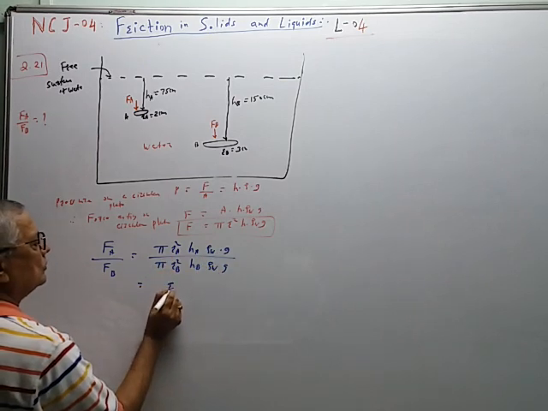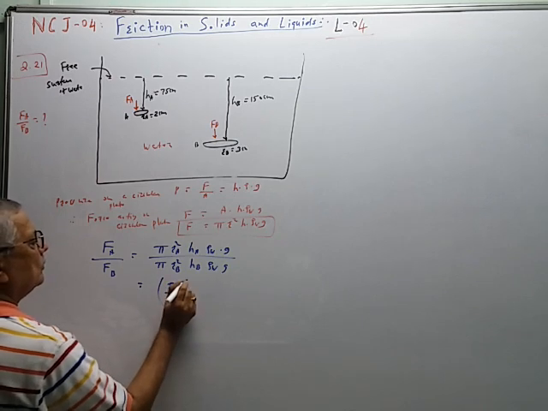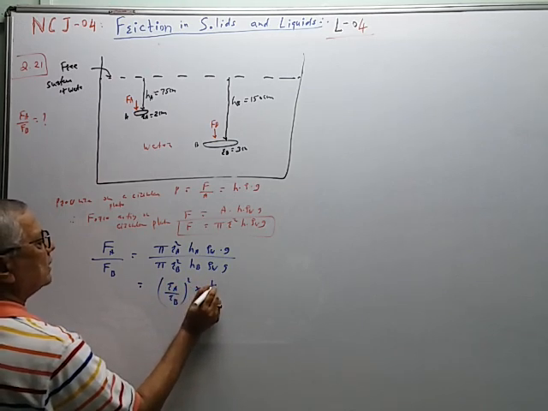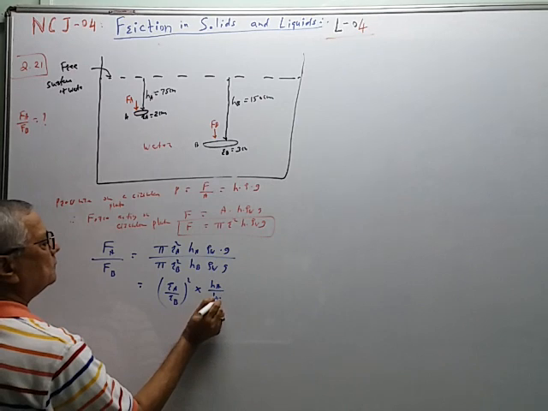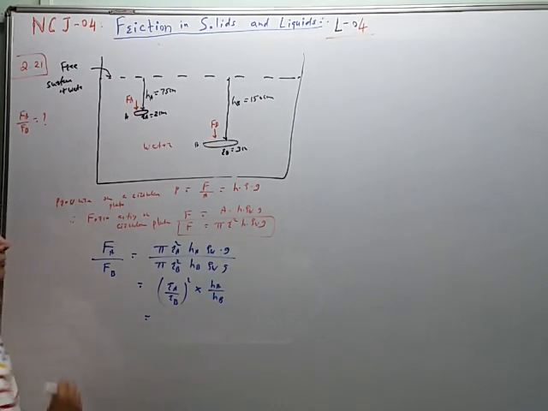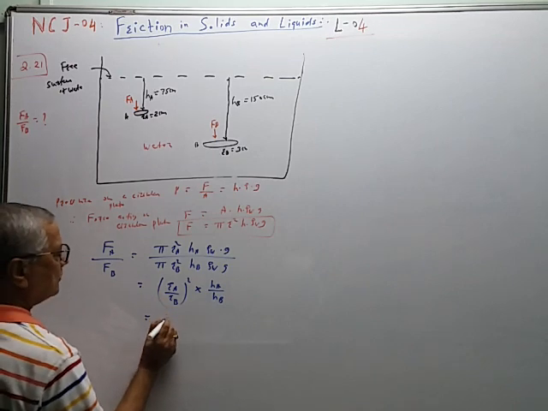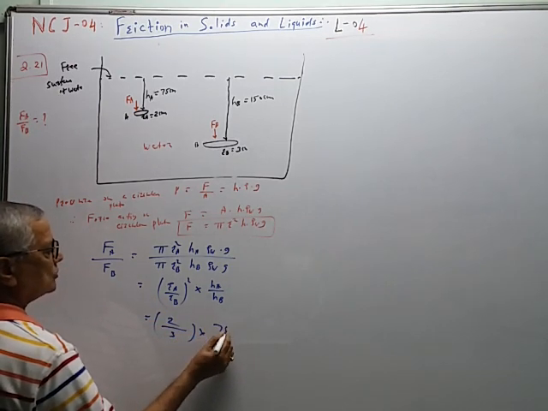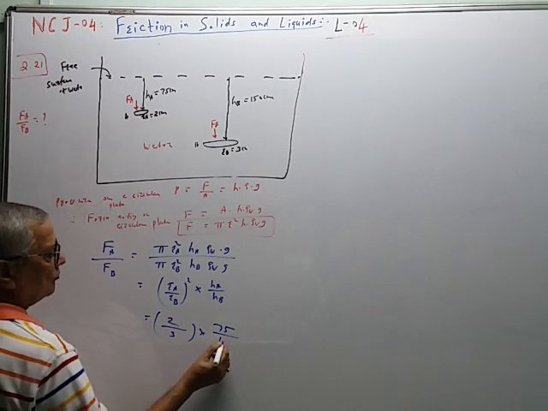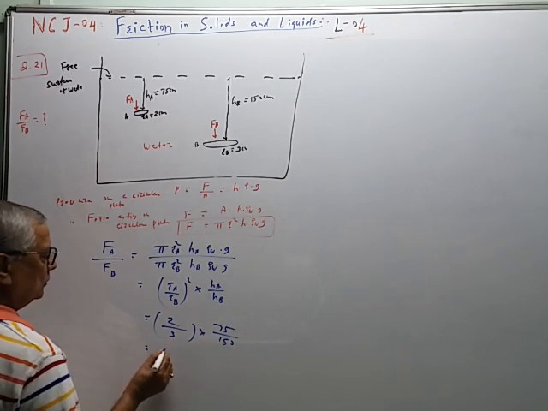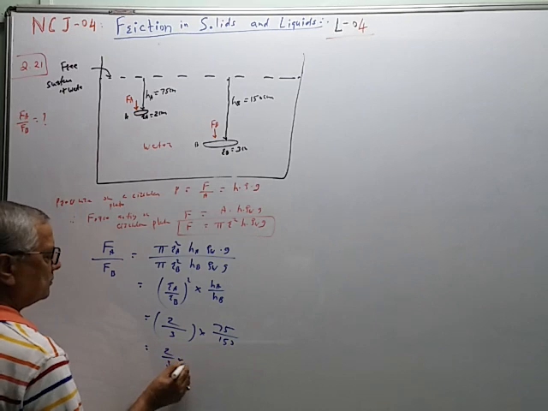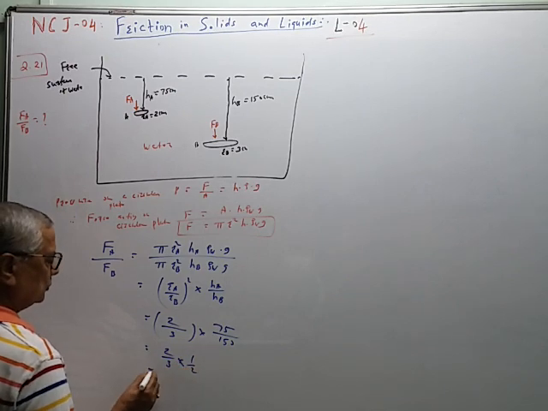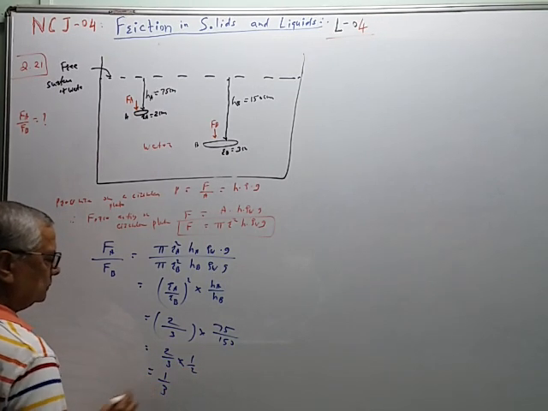So this is equal to RA upon RB whole bracket square multiplied by HA upon HB. So we have to substitute all the values in CGS system. So RA is equal to 2 cm, RB is equal to 3 cm. This is equal to 75 upon 150. So 2 by 3 multiplied by 1/2.